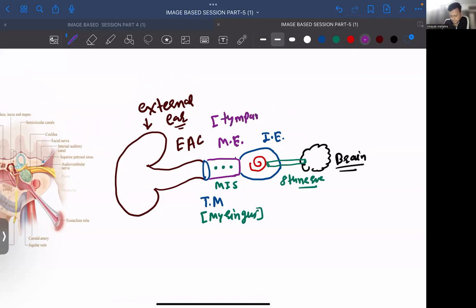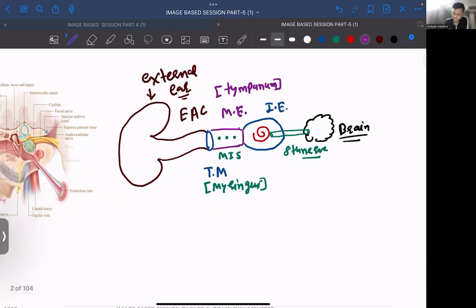Simple words but confusing. So tympanoplasty means repair of the middle ear. Myringoplasty means repair of the tympanic membrane. Tympanic membrane and tympanum sound similar, but they are not the same. The whole of the middle ear is called tympanum.